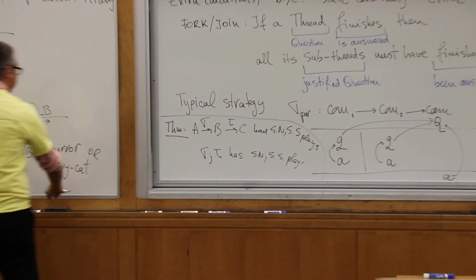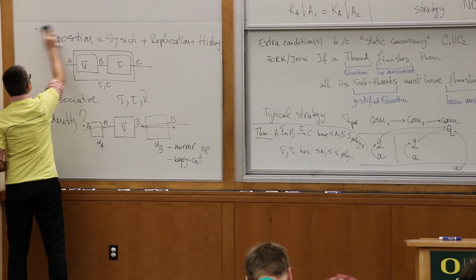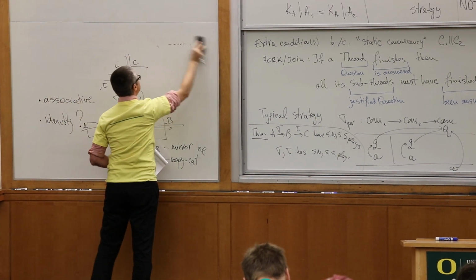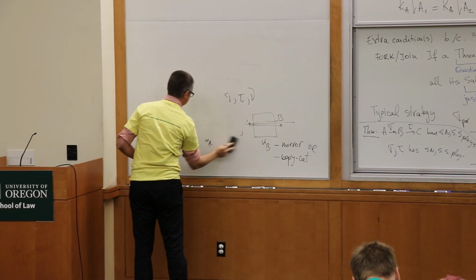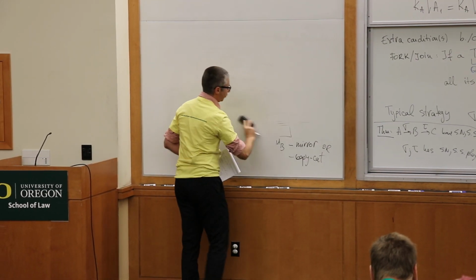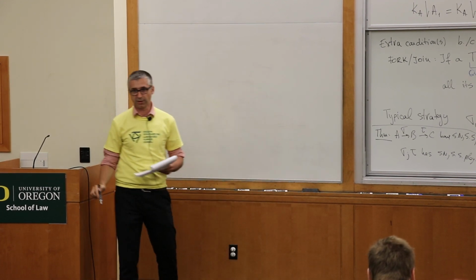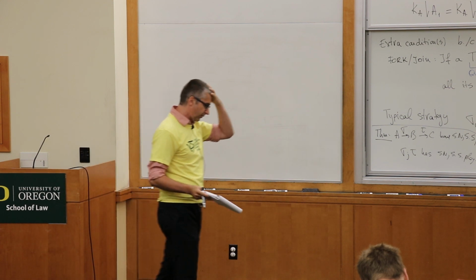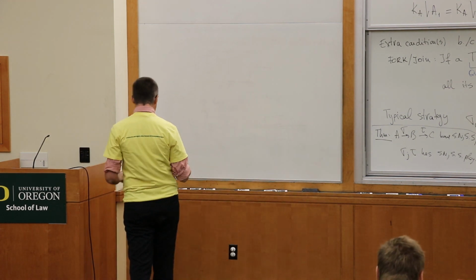And now that was our extra discipline condition. And now let's look at the extra closure condition that we need on strategies. And the closure condition is an established one in all models of asynchronous concurrency. It comes back from models of asynchronous circuits, and the idea is the following.